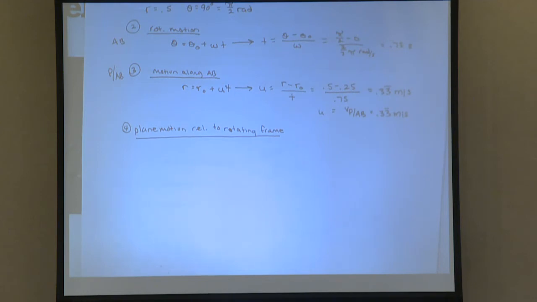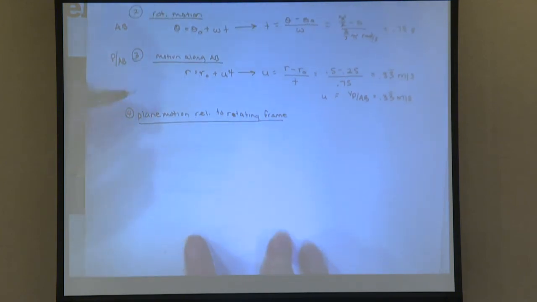Leave it at that. The rotating frame, that's what I'm calling AB. The rod that's rotating is our rotating frame, and then you just have something that's moving along it. So don't try to overthink it. If you think you'll get too confused by it, try to understand the components in the equation. And I'll show you a diagram that I usually draw with these, and it helps me keep everything clear.